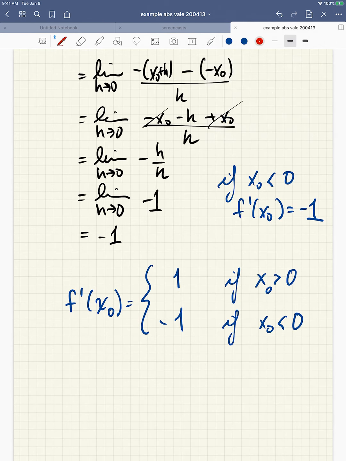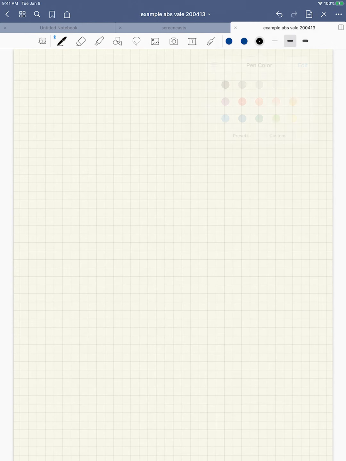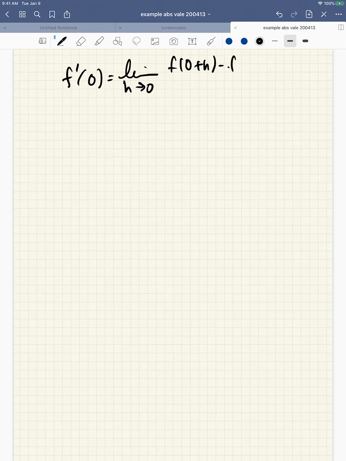Now, what's missing is what happens at x equals 0. Okay, so let's look at that. And that's the point where the function's not going to be differentiable. So let's calculate f prime of 0. That's the limit as h goes to 0 of f of 0 plus h minus f of 0 all over h.